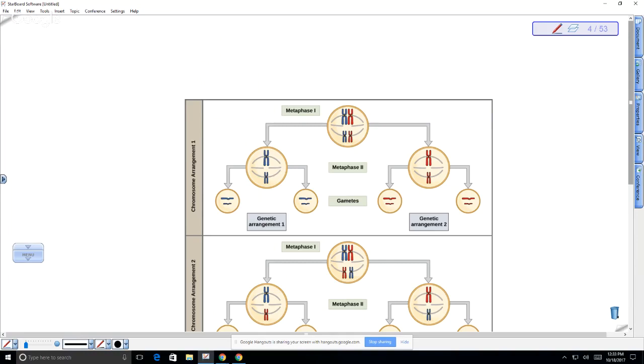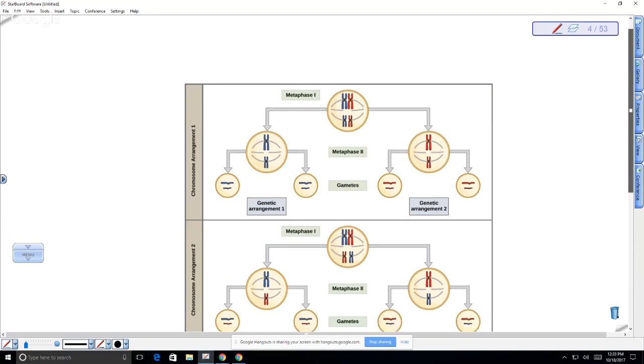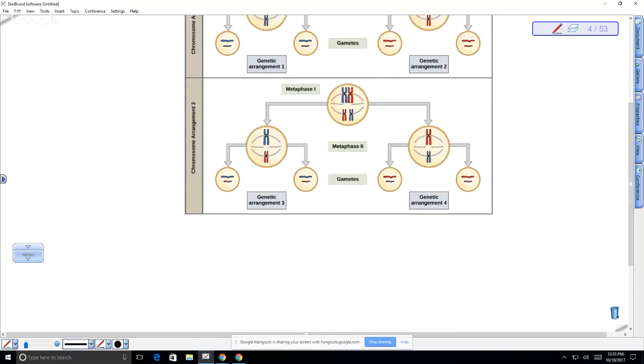Okay. Now, another idea about genetic recombination. Notice that these both have blue, right? And that has to do with the way that the chromosomes lined up initially. But if they line up in a different way, so that there's a blue and a red on each side, then you can see that we produce different gametes.